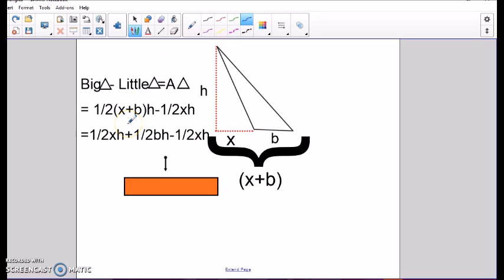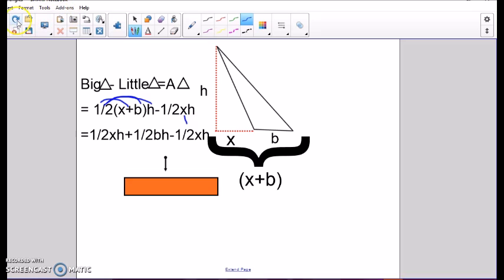In order to get that, we are going to do 1/2 and distribute it to the x and the b, times the h. So we get 1/2 xh plus 1/2 bh minus 1/2 xh, which is just what we still had over here, and then we brought it back down.